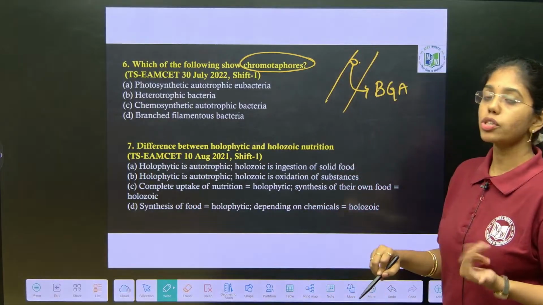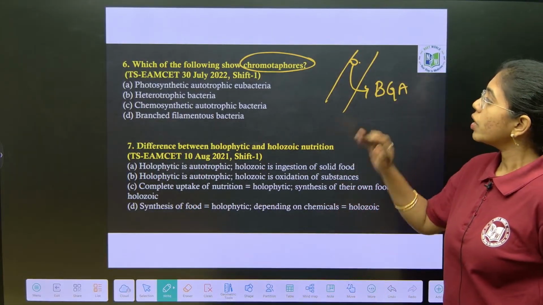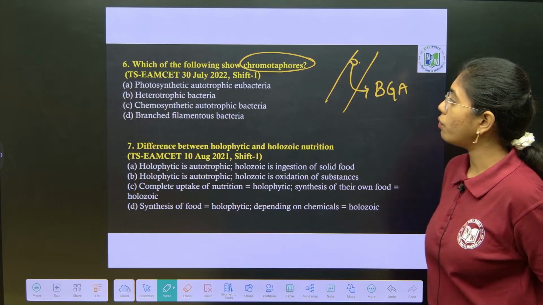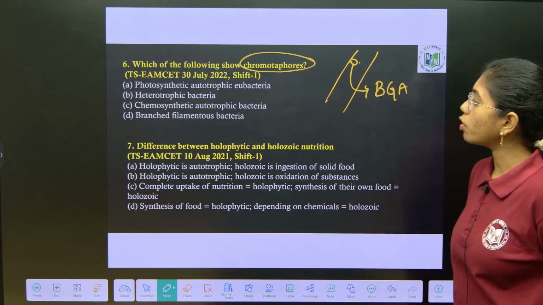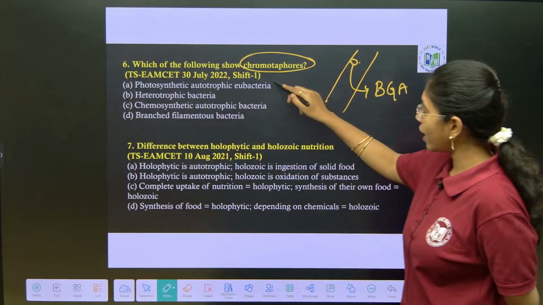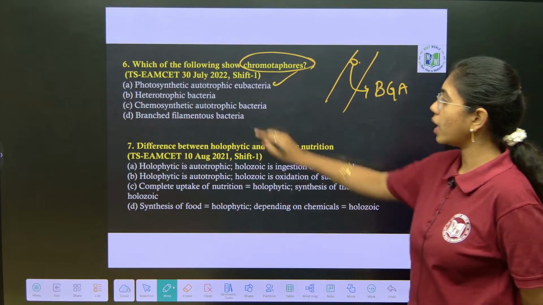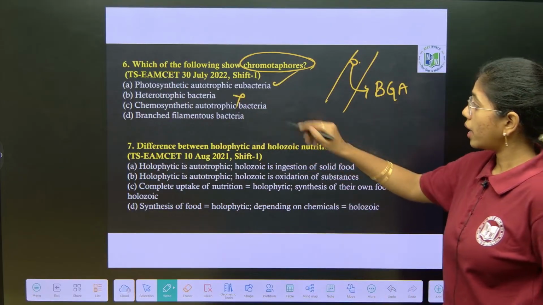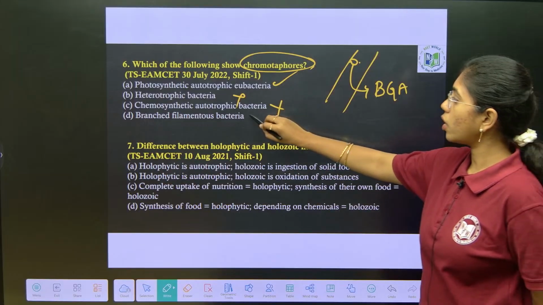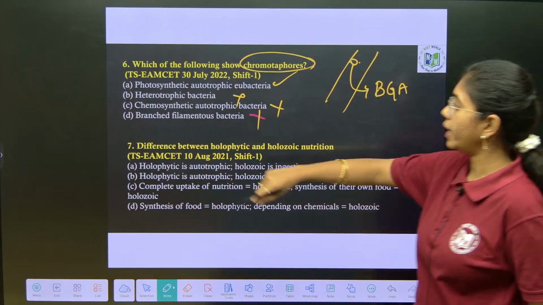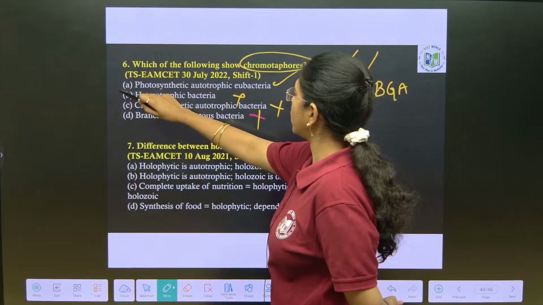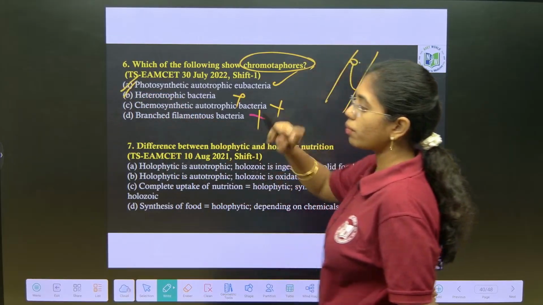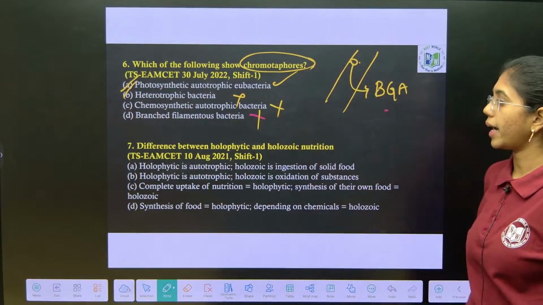These are the sites of photosynthesis as well. Photosynthetic autotrophic eubacteria, yes, they are not heterotrophic, not chemosynthetic, not branched filamentous bacteria. Photosynthetic autotrophic eubacteria are blue-green algae. Option A is the right one.